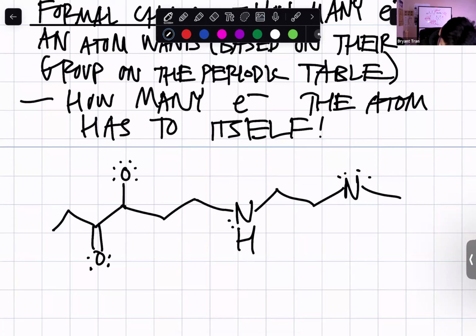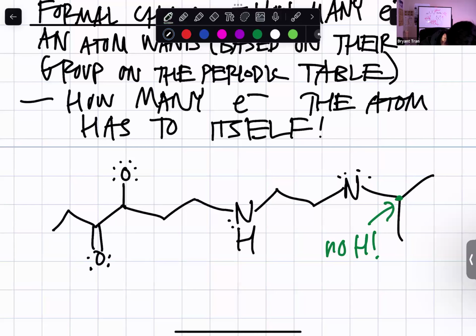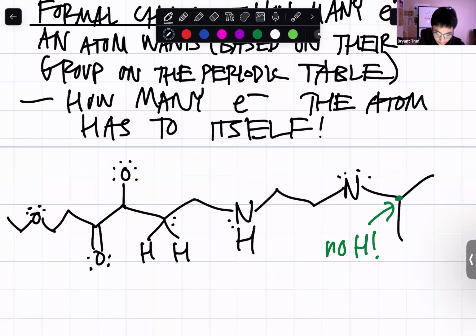Okay, let me make this clear. Okay, so we know carbon with a neutral bond is going to have 4 bonds to fulfill the octet rule.